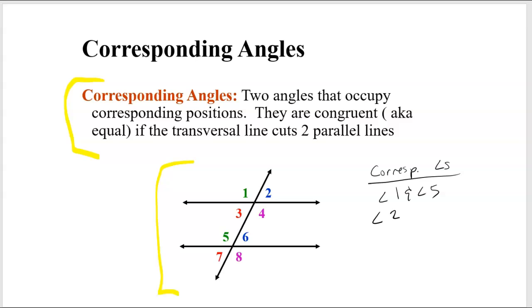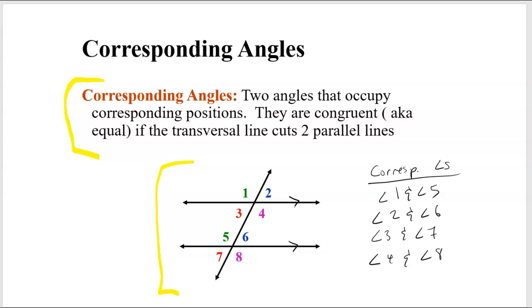Angle 2 goes with angle 6, notice they're on the right. Angle 3 and angle 7, and finally angle 4 and angle 8. Now for our sake, we will put some parallel lines. We'll make them parallel, so we will say that they are congruent. Okay, so corresponding angles occupy the same place.